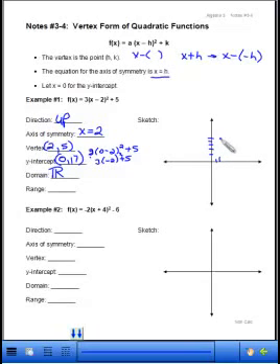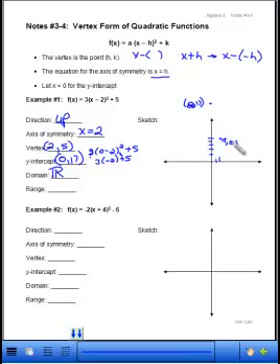And that's our vertex at (2, 5). That 2 is hard to read, but that's what it is. And we go way up here to (0, 17). (0, 17) is our y-intercept. And we kind of just have to sketch it from there.